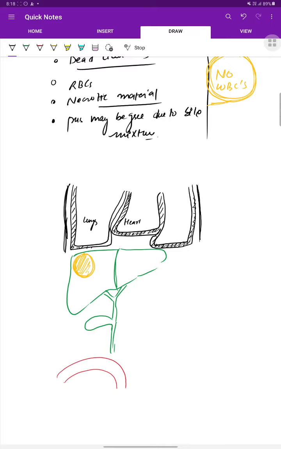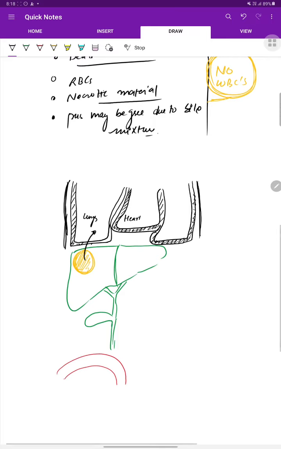The pus comes out through the alveoli, bronchioles, and bronchus, through our mouth with the sputum. So it can regress in that way. It is not a dreaded complication, but it is one of the fates of this pus.